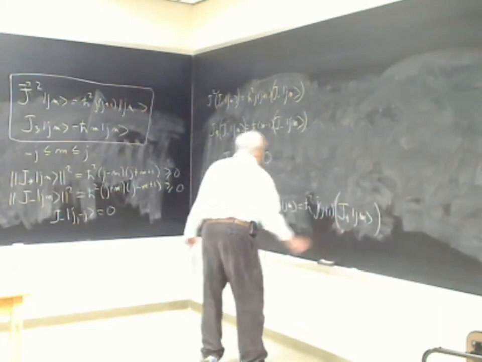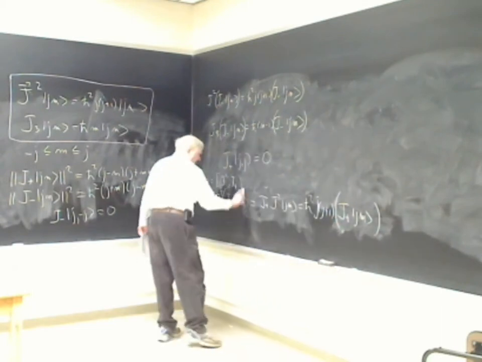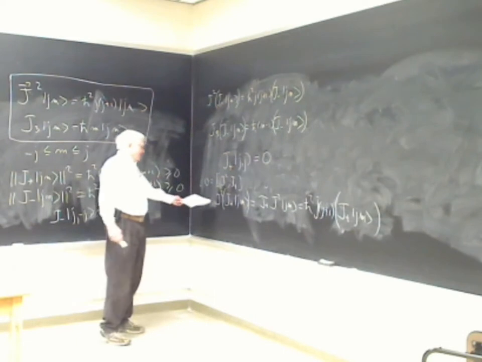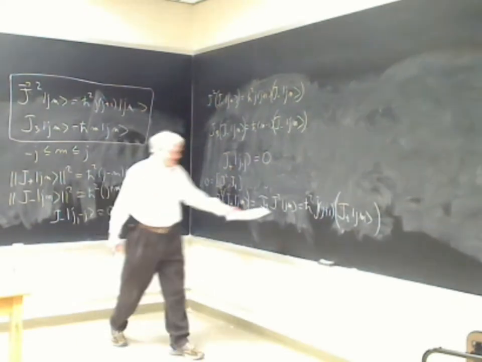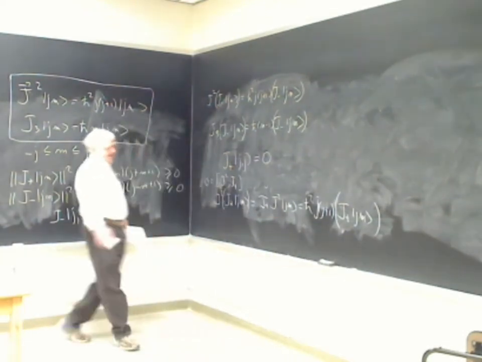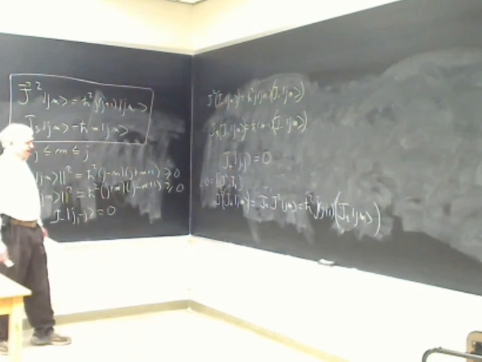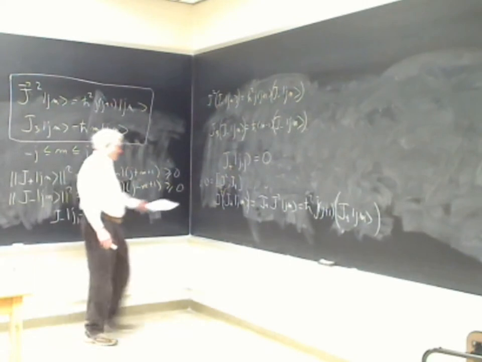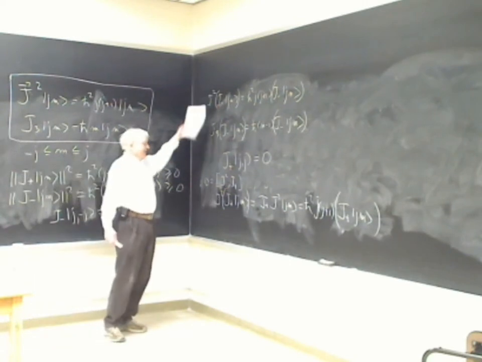So that tells us that the state J plus Jm is an eigenvector of J squared with the same eigenvalue as any of the other states. So J plus does something to Jm, but it doesn't change the eigenvalue with respect to J squared, just as J minus did.